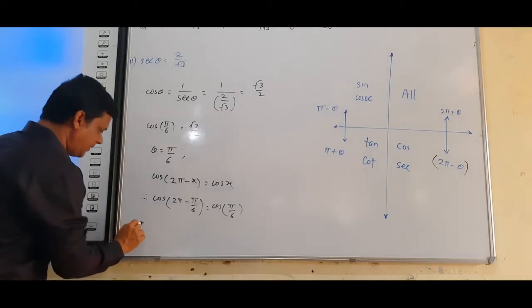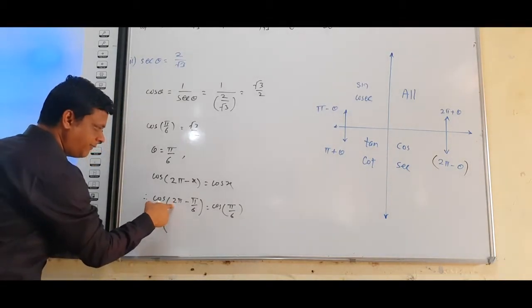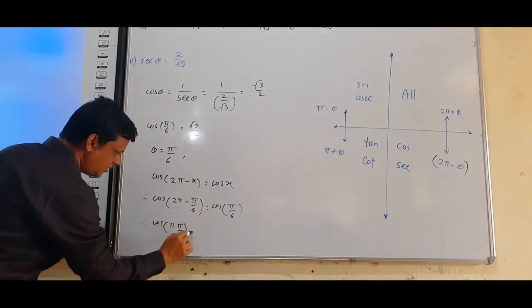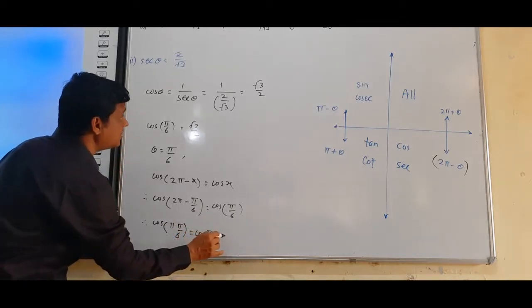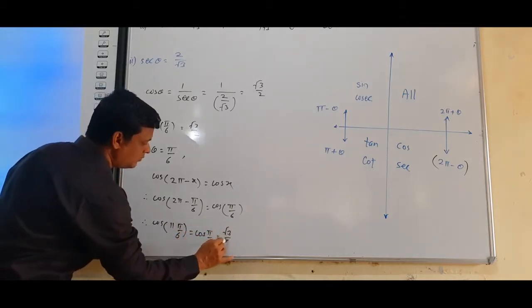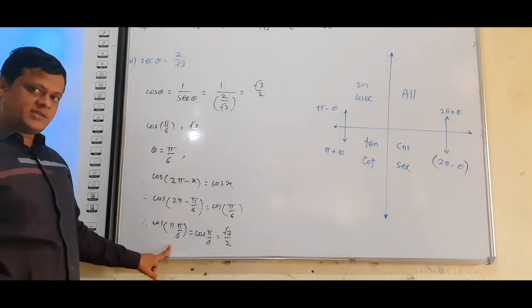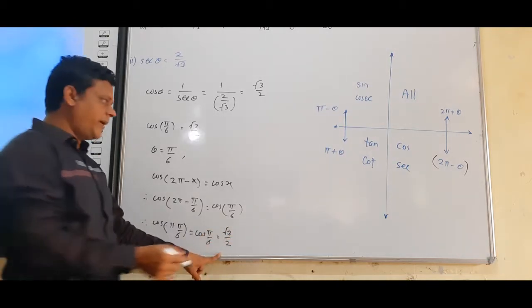So after simplifying, cos of 12 pi minus pi, that is 11 pi by 6, is equal to cos pi by 6, and the value of cos pi by 6 is root 3 by 2. So for 11 pi by 6 and for pi by 6 we get the value root 3 by 2.